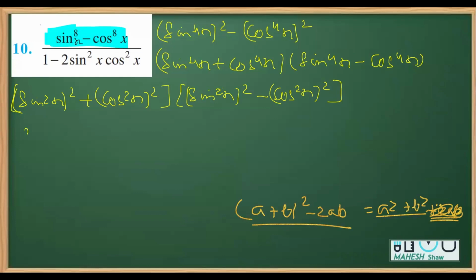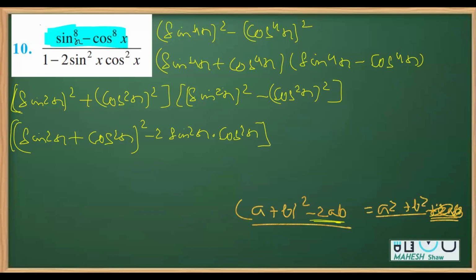So this is a plus b whole square, where a is sine square x, and b is this whole thing inside the bracket, that is cos square x, and then minus 2ab, minus 2 into a, which is sine square x, and then b, which is cos square x.